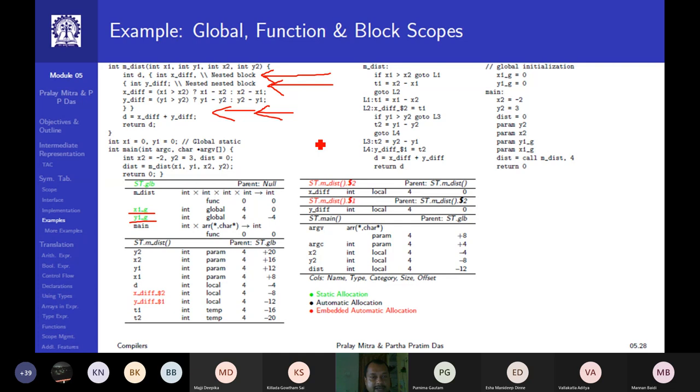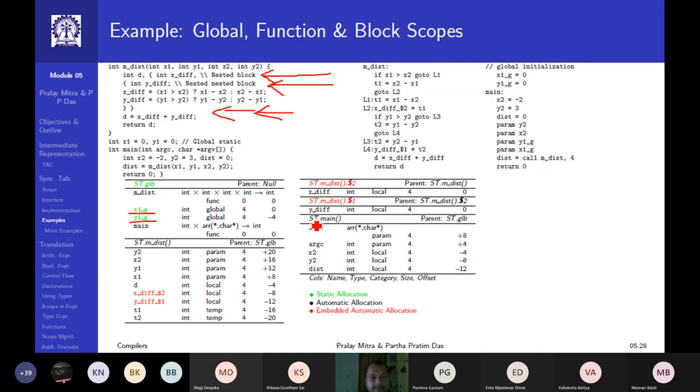So the variables integer x_diff and integer y_diff, which are inside that opening and closing brace, I would say a block, will have their meaning inside that block. So corresponding to that, two more symbol tables are required, and I am creating them here: st.mdist.$1.$2, along with the existing one, whatever was there.